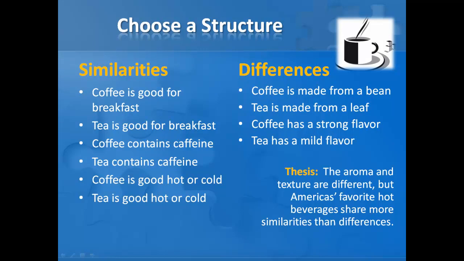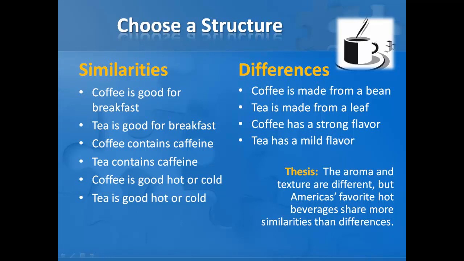So let's take it a bit further. Now that you have your topic, and now that you have brainstormed and listed some ideas regarding coffee and tea, how might you go about choosing a structure for it? So again, we have listed all of our similarities in one column, and then listed all of the differences in the next column.